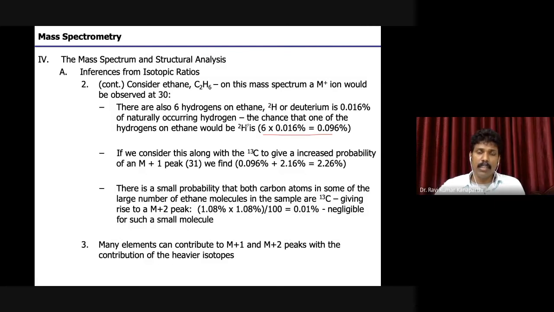There are 6 hydrogens, and each can be present in the deuterium form, with relative abundance of 0.016 each. So it is approximately 0.1 as the contribution. So hydrogen gives this much contribution, and previously we calculated the carbon contribution to the m+1 peak. Add them together, and this is the percentage of the m+1 peak.